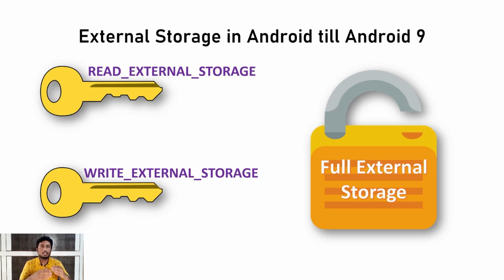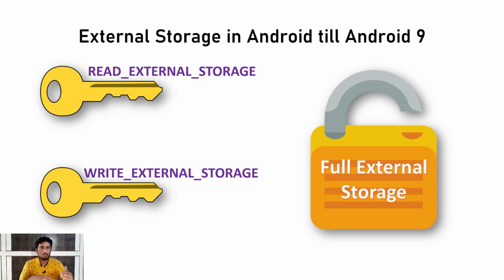So now, what is external storage? Every space we have on our phone except this app-specific storage is called external storage, which can also be called shared storage. Till Android 9, we have these two permissions: read external storage and write external storage. These permissions can unlock our full external storage.